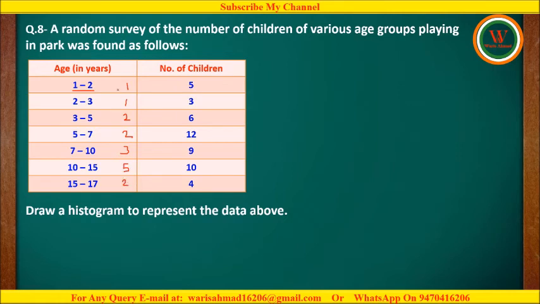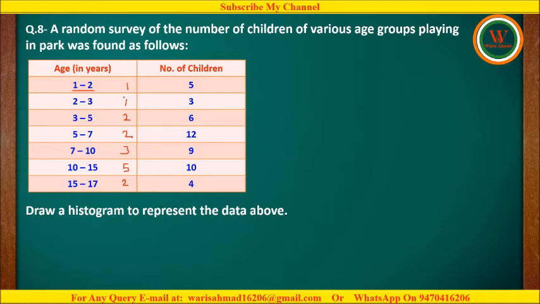So here the range or the class size is not equal, but in all the previous questions the class size was equal. So it is necessary to find the adjusted frequency in this type of question. Whenever we have this type of question, the very first thing is that we must find the adjusted frequency for all these given data.